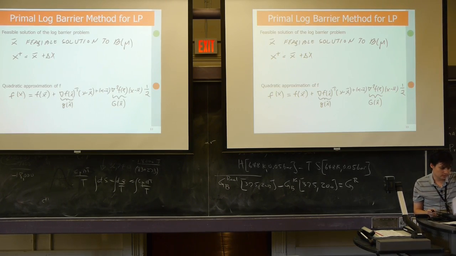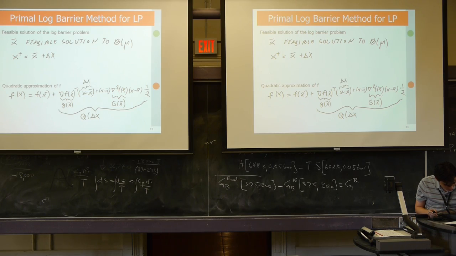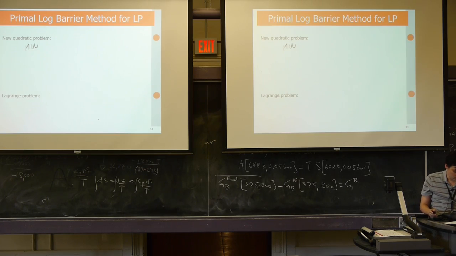So let me just denote this quadratic function with Q(delta x), where delta x is x minus x bar. Our goal now is to minimize this quadratic function.